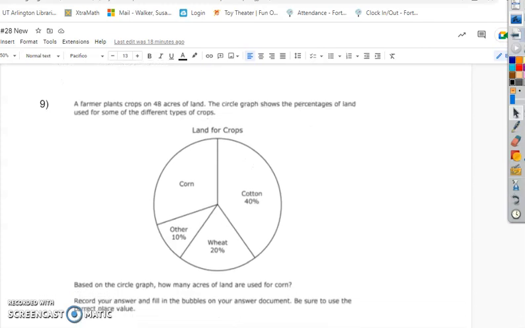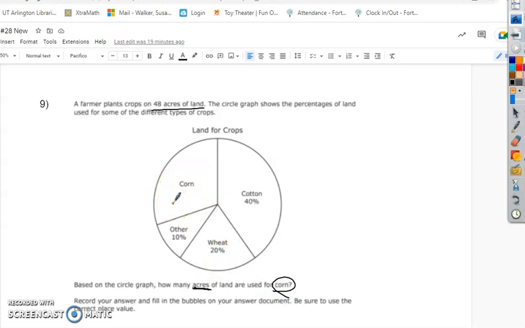Number 9, a farmer plants crops on 48 acres of land. The circle graph shows the percentages of land used for some of the different types of crops. Based on the circle graph, how many acres are going to be for corn? So when I look up here, I notice corn doesn't have one. It doesn't have a percent.